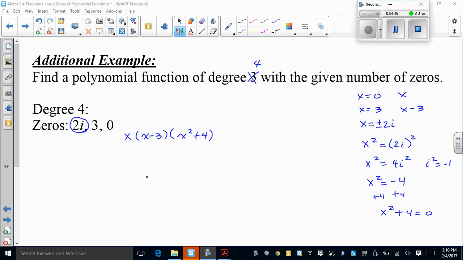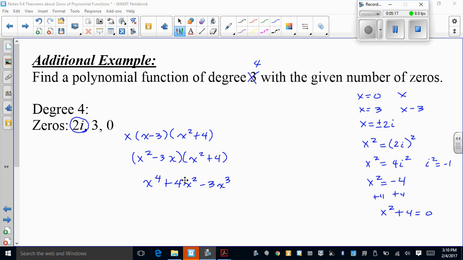And then we have to multiply these out. So I'm going to go ahead and distribute this x over. So I have x squared minus 3x times x squared plus 4. So x squared times x squared gives me x to the 4th. x squared times 4 gives me positive 4x squared. -3x times x squared gives me negative 3x cubed.